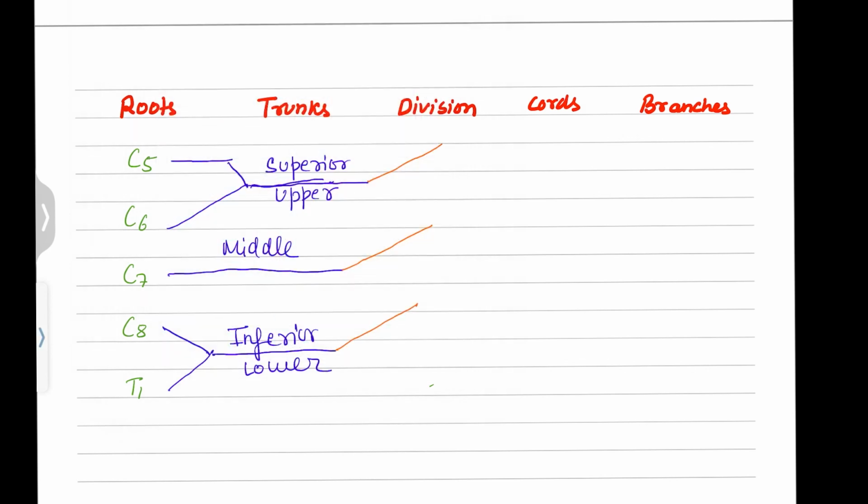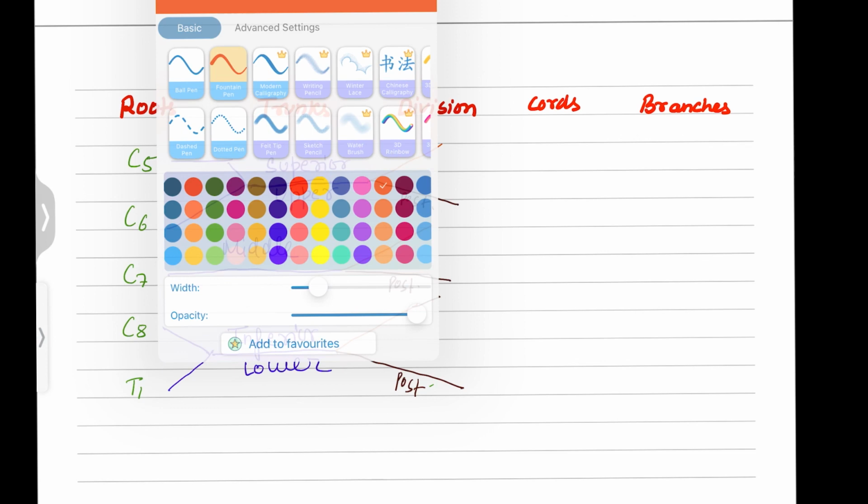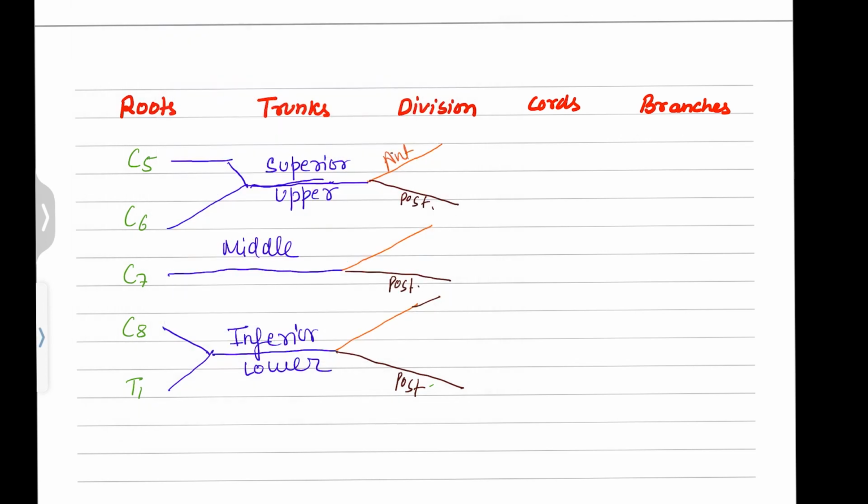Let's make the posterior division with the brown one. Now I would like you to focus. This is the posterior one, and this is the anterior division in orange.